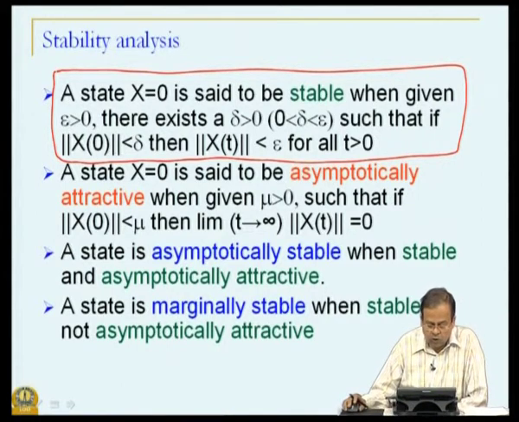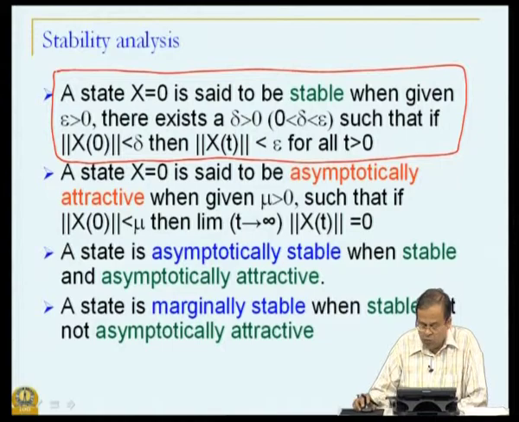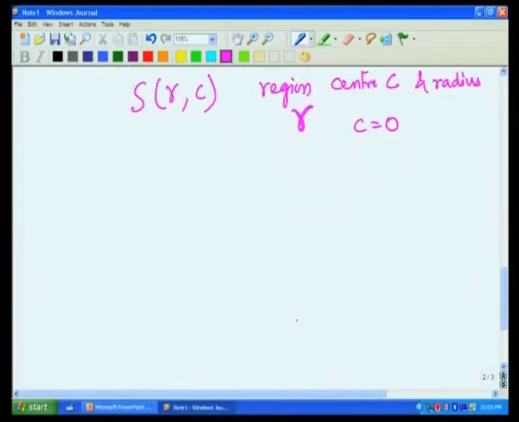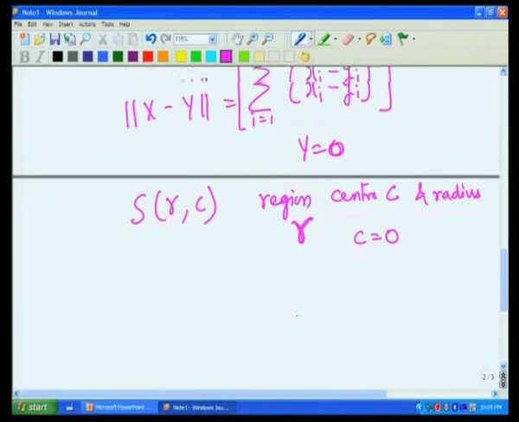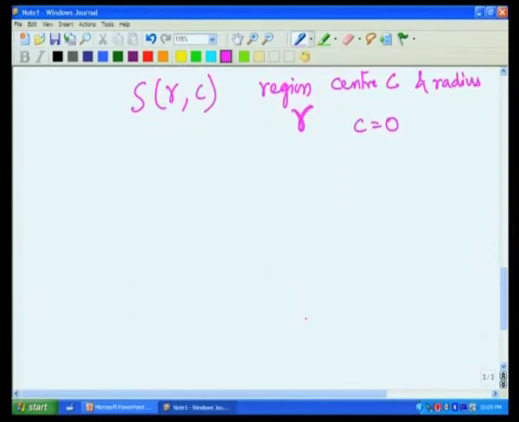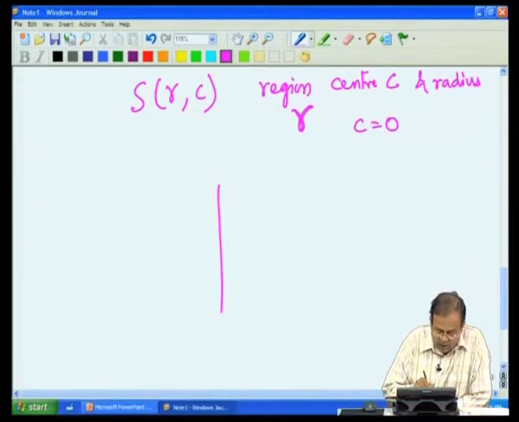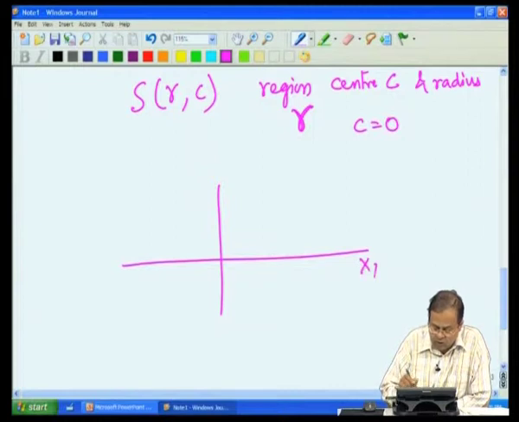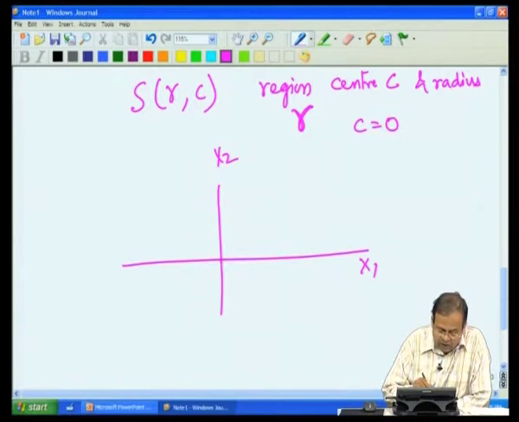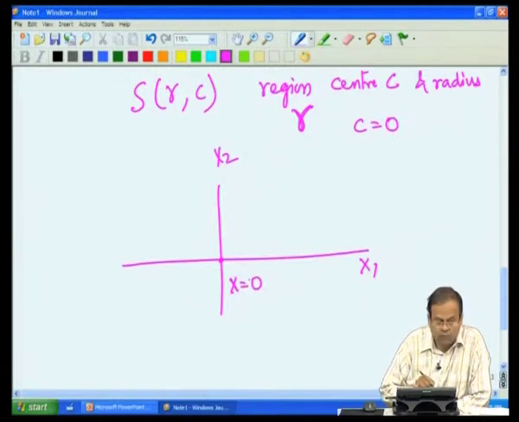So, let us go back to a two dimensional system, and first of all let us say that we have a steady state x equal to 0, and we are trying to look at whether that steady state is stable or not. Let us say that in a two dimensional space we have only x1 and x2. Let us say this represents my steady state, that is x equal to 0.